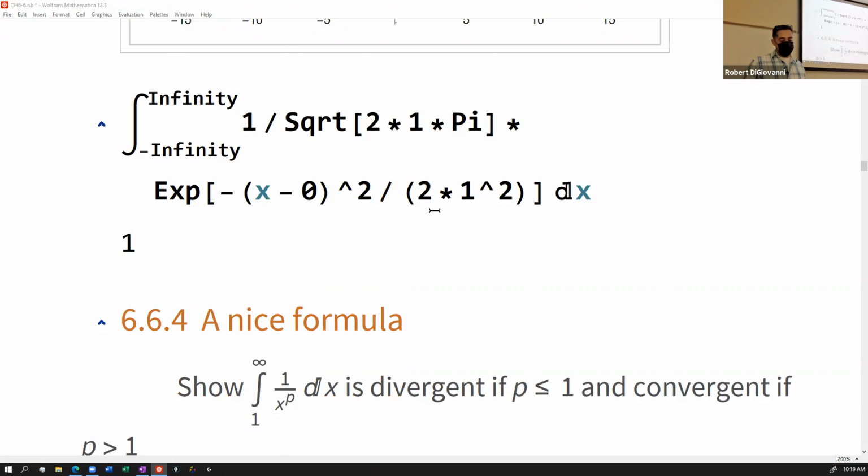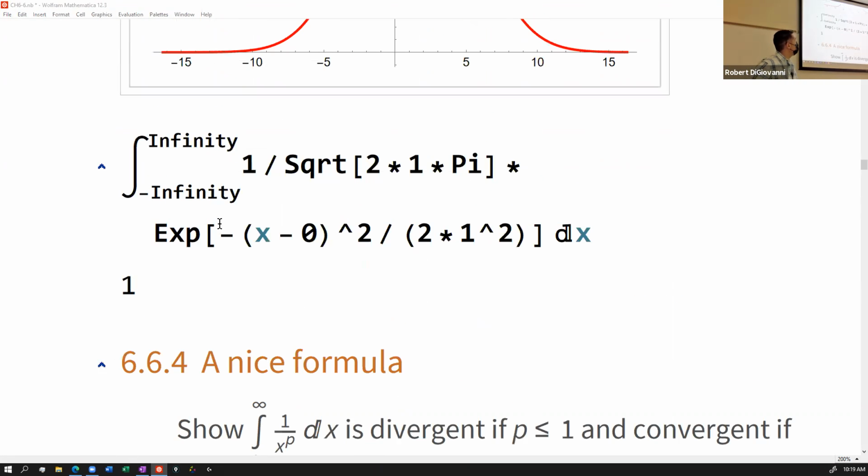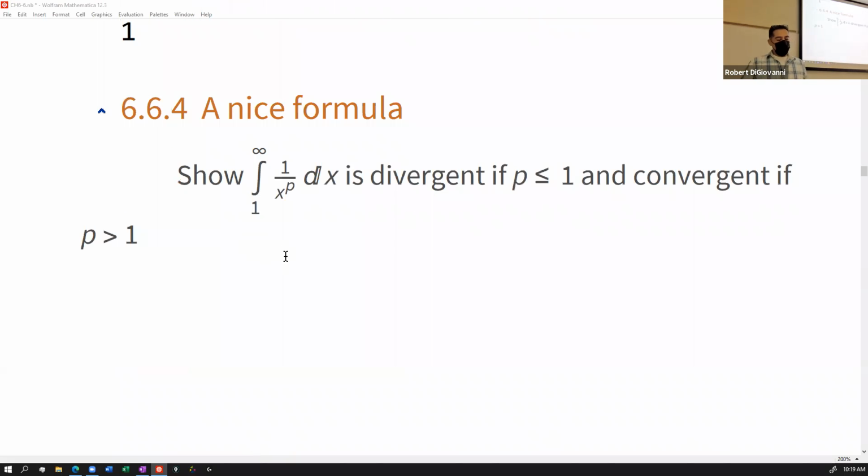All right. So here I had the computer do it. I had the computer integrate this from negative infinity to infinity of that big, nasty, ugly thing. And you see the answer is 1. The sum of all probabilities is 1. Okay. Now, a nice formula. We're going to show that this formula is true now.